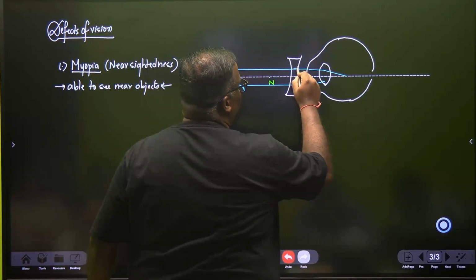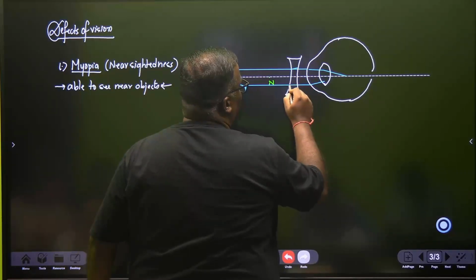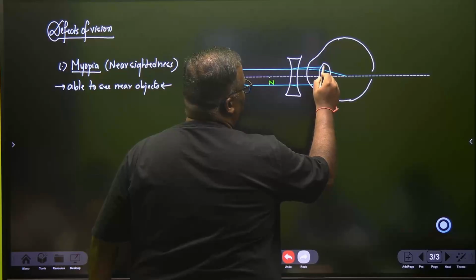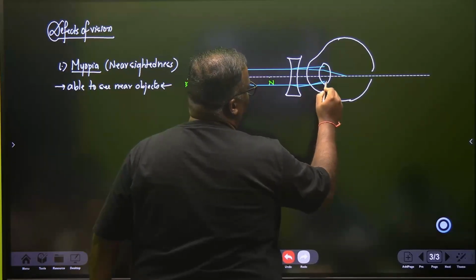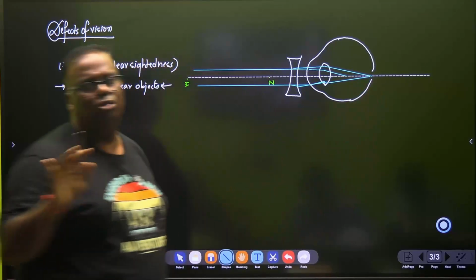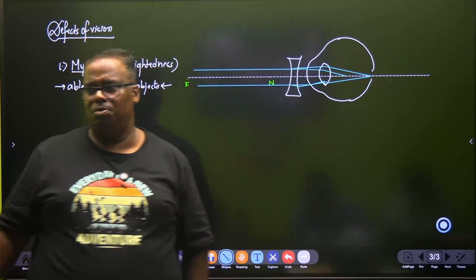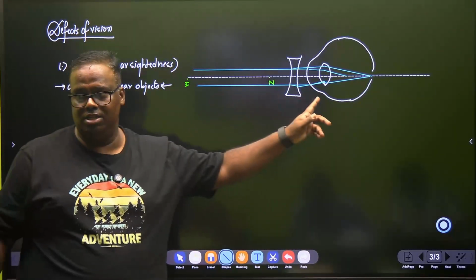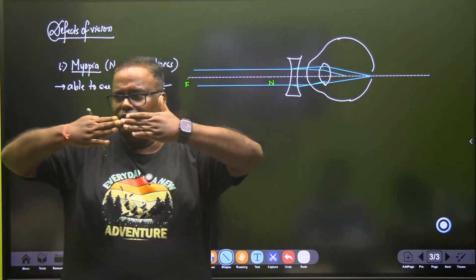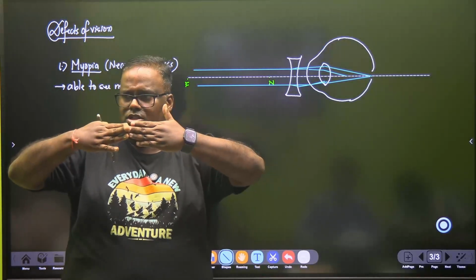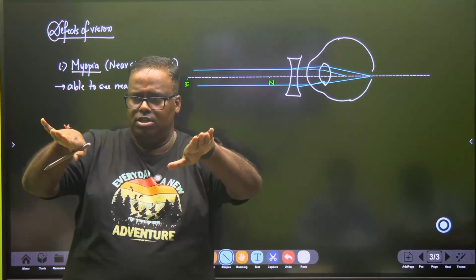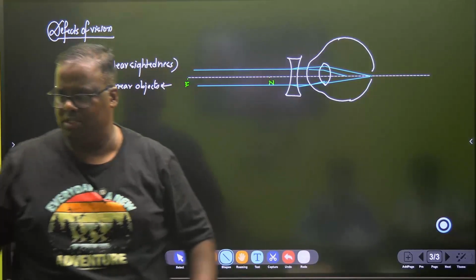Instead of keeping them straight, it will diverge them a little bit, and the ray will come somewhere here, and the image will be formed at this place. This is how a book will teach you, and the majority of people will teach you. Don't draw this, I'll erase this part, which is not correct. Since the rays are getting extra converged, let us put a divergent lens. It converges too much, so we'll diverge it, and then it will fall at the right place.